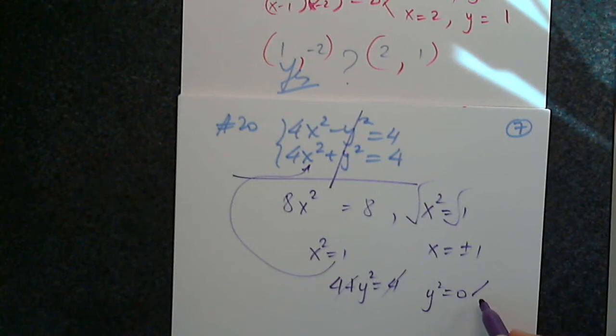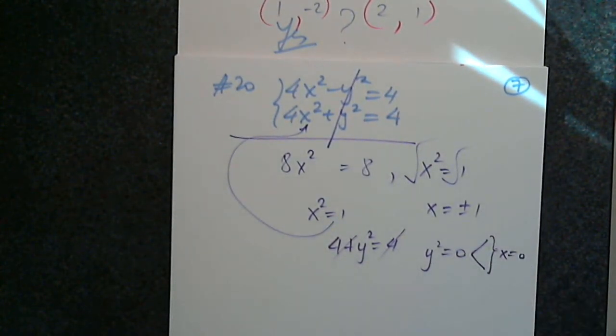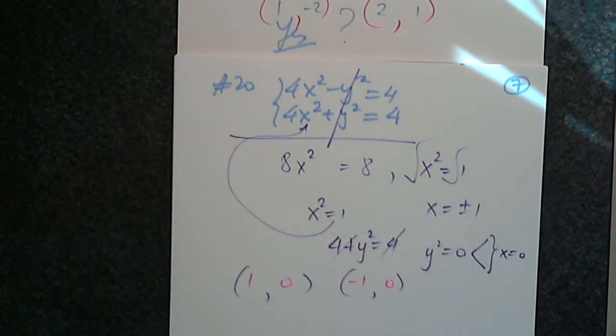How many solutions does this equation have? 2. Very good. Multiplicity 2. It would be a tangent there, right, if we were to graph. So what are the ordered pairs, solutions to this system? 1 comma 0. Excellent. 1 comma 0 and negative 1 comma 0.